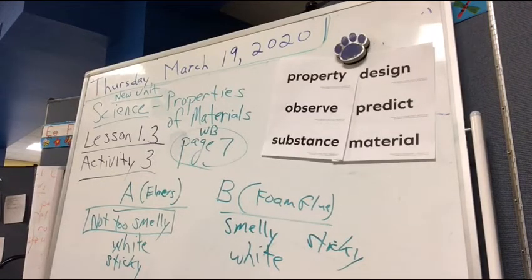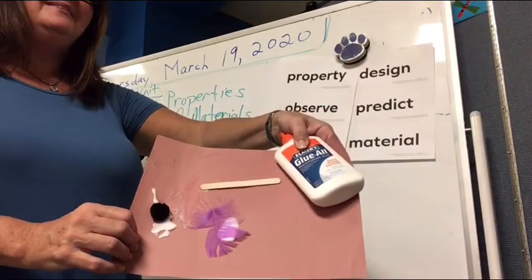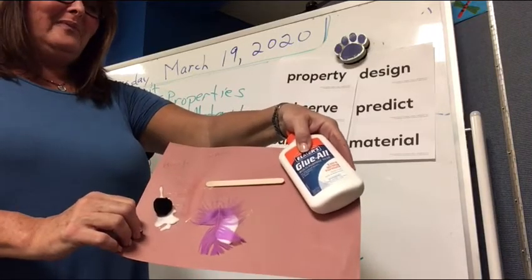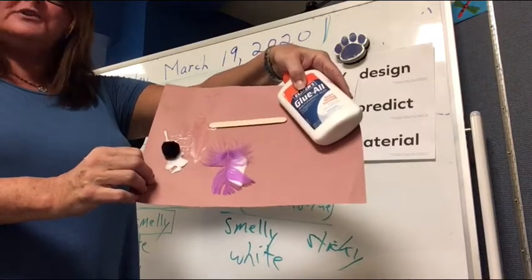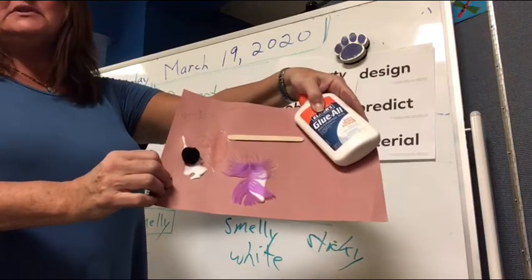We're going to glue on more stuff. Do you think a feather is going to stick on the glue? Do you think a pom-pom is going to stick on the glue? Let's see. So this glue is very strong and it's holding up our feather, our pom-pom, our popsicle stick, and my glue bottle a little bit.